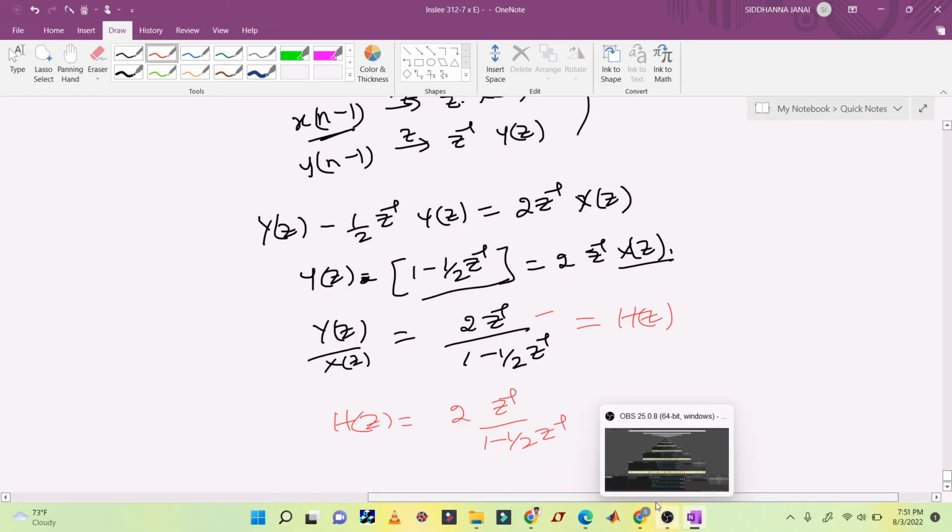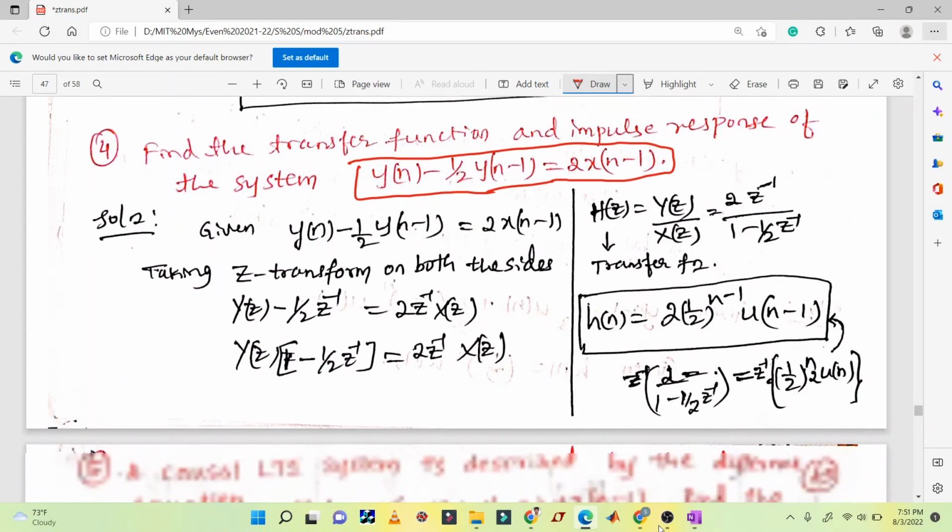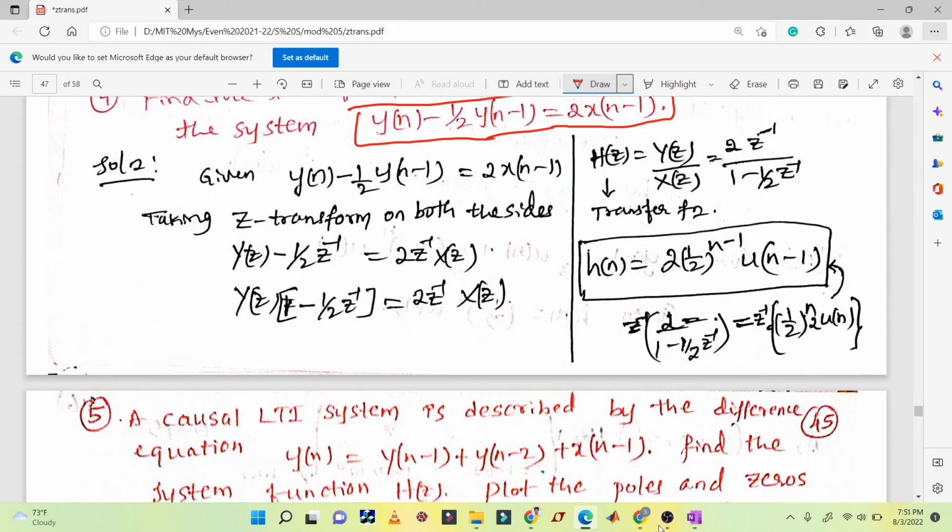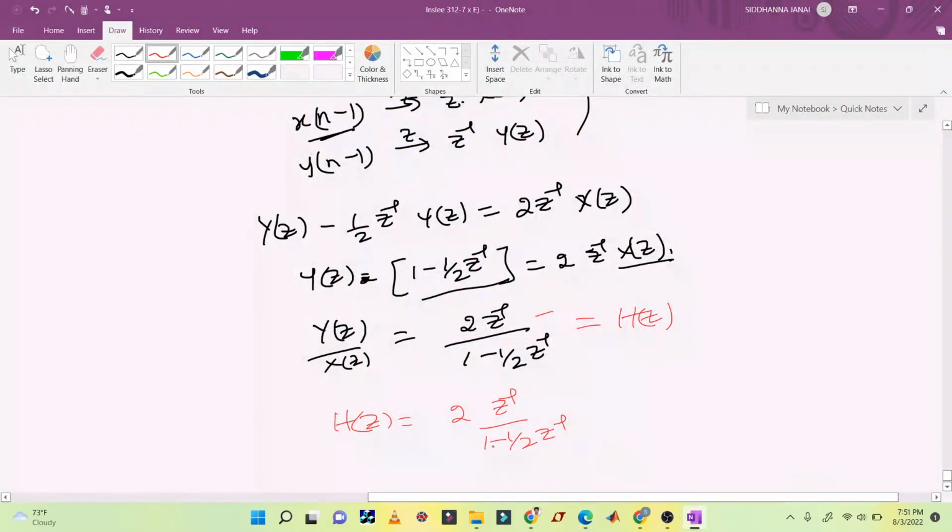Okay, now if we find the inverse z transform for this transfer function, what is the inverse z transform of this one?